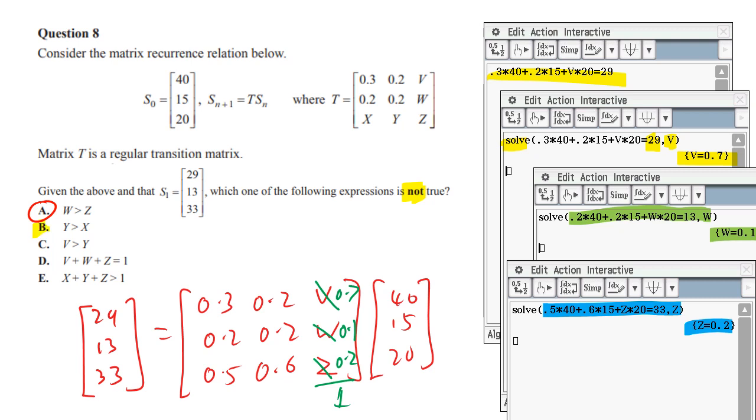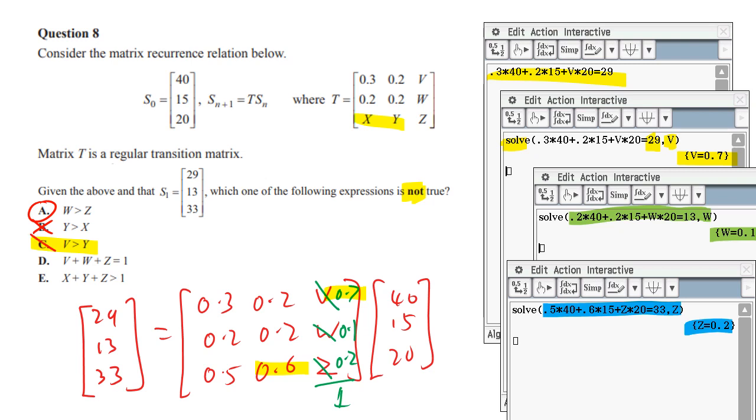So is Y greater than X? So Y is greater than X. That was too easy because remember we've got Y and X up there. So that one is wrong because it's true. Let's have a look at the next one. V is greater than Y. So V is greater than Y. That is true.